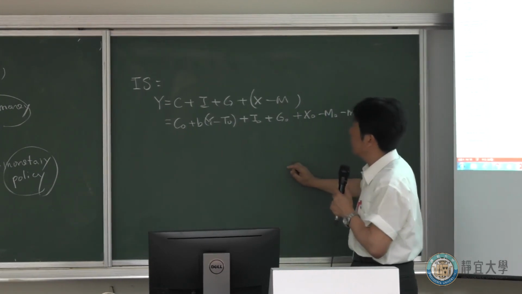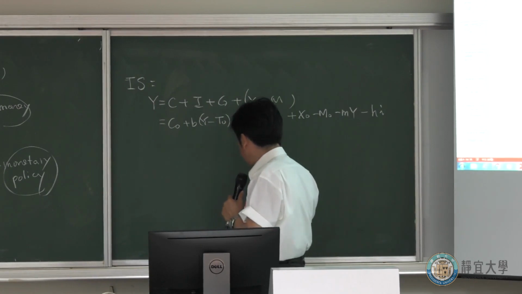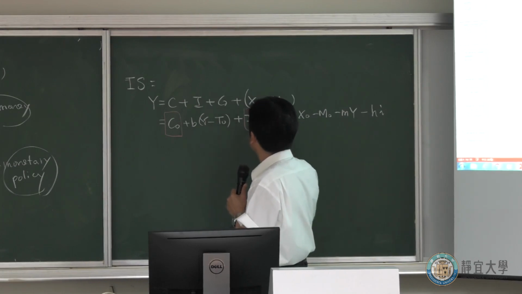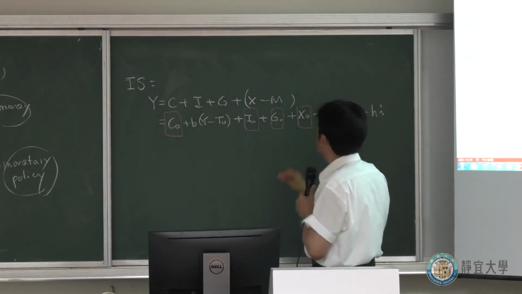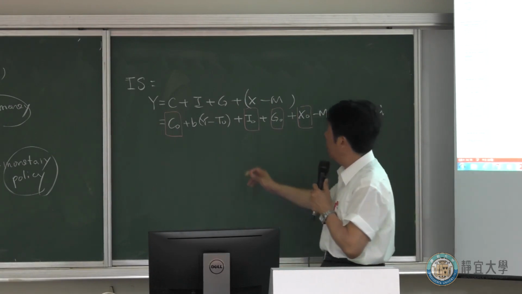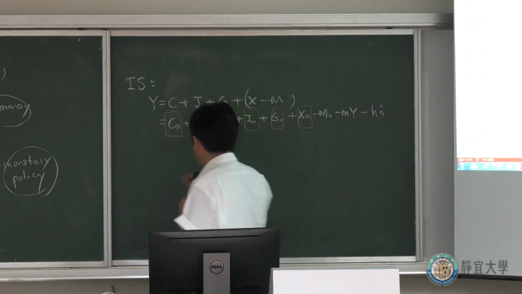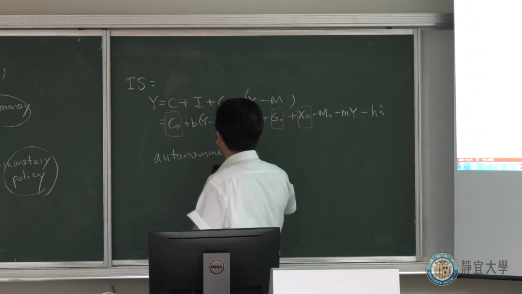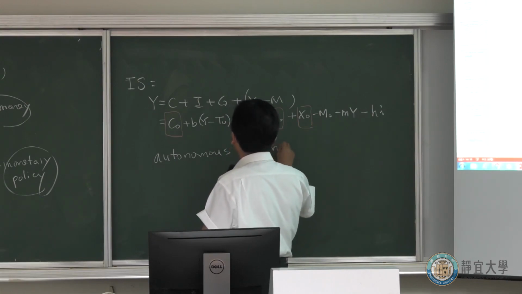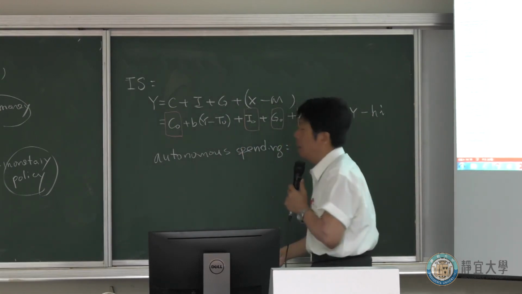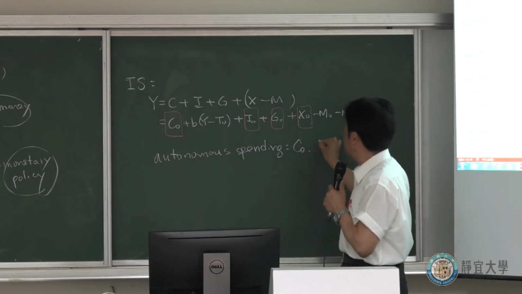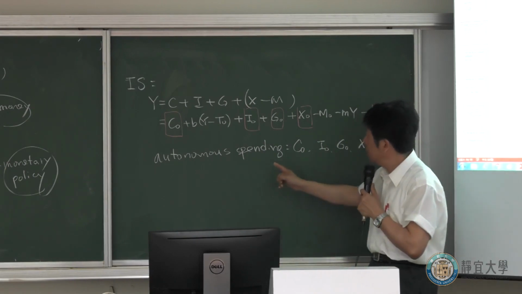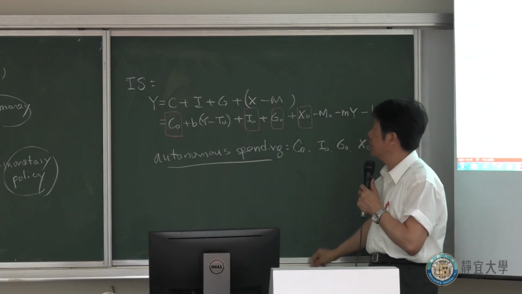You can see which part is autonomous. What is autonomous spending? It includes C0, I0, G0, X0. This is what we call autonomous spending.